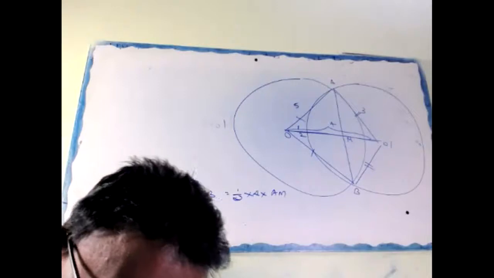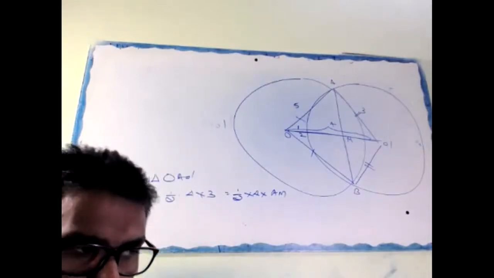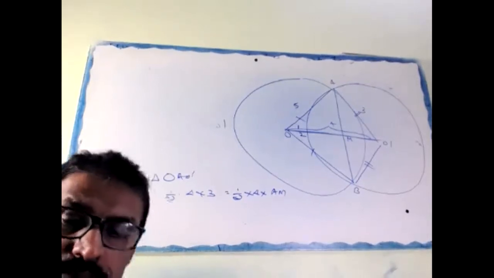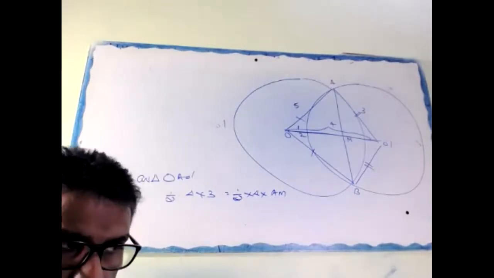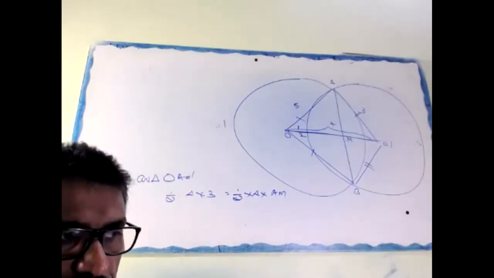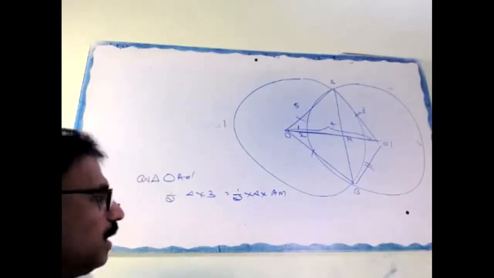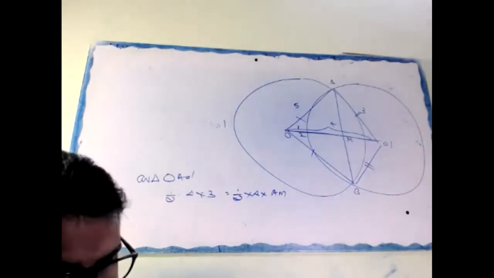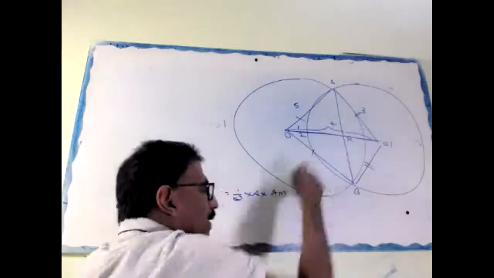Listen, area of a triangle, whether you use Heron's formula or half into base into height or any other formula, the area will be the same. Correct? So half into 4 into 3 for a right triangle equals half base and height, AM.